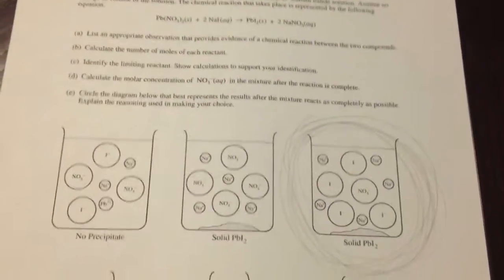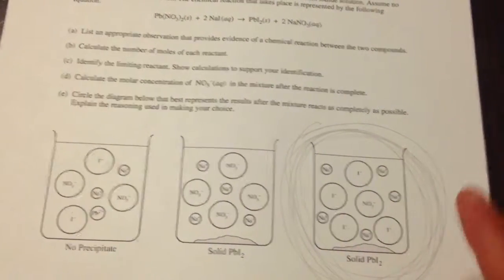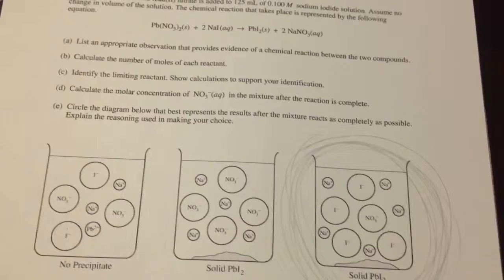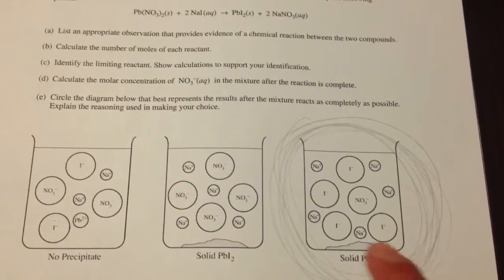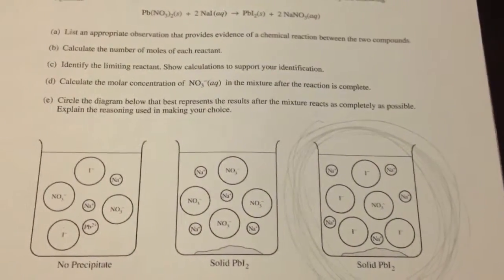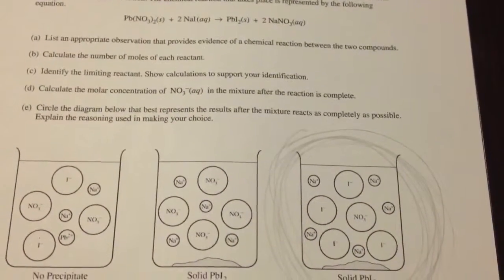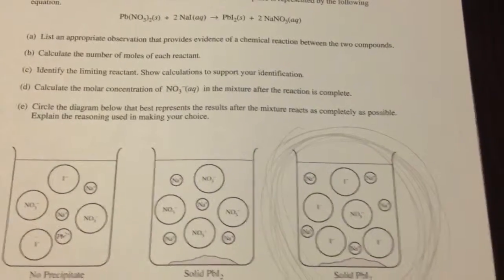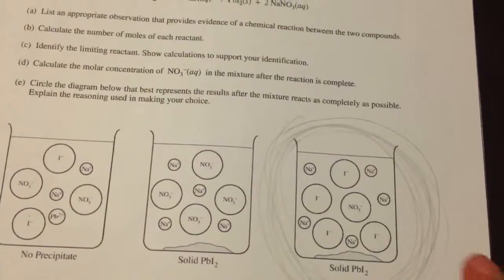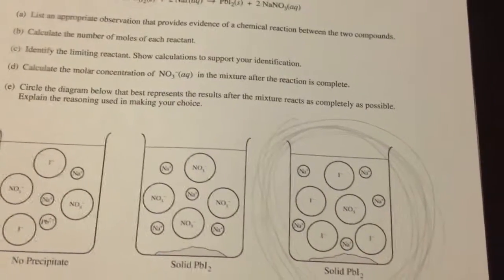So, the diagram that best represents the reaction is this one, the farthest to the right, and it best represents the reaction because it contains PbI2 as a solid, which you can see right about here, and it also contains spectator ions Na plus and NO3 minus, which are right there and right there, and also some of the I minus ions because of the excess amount of NaI in the reactants. So we can see the I minus ions.